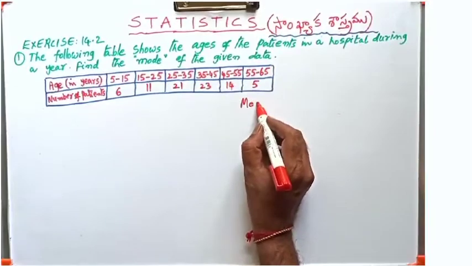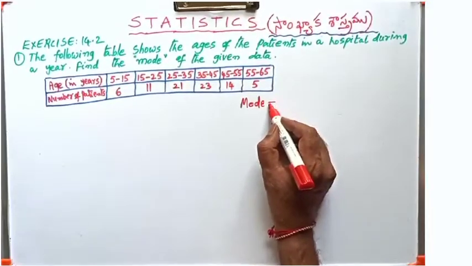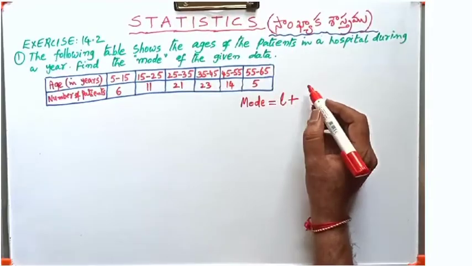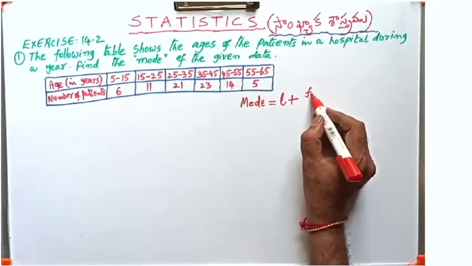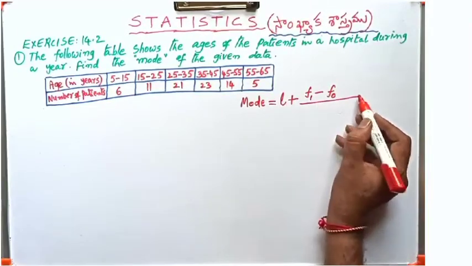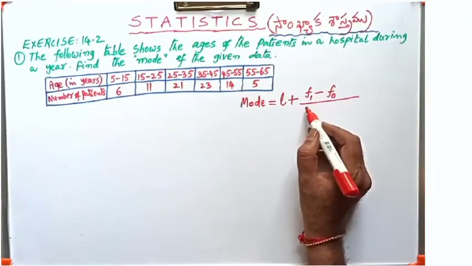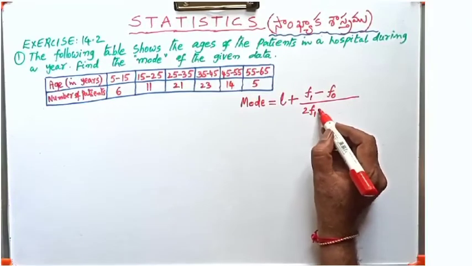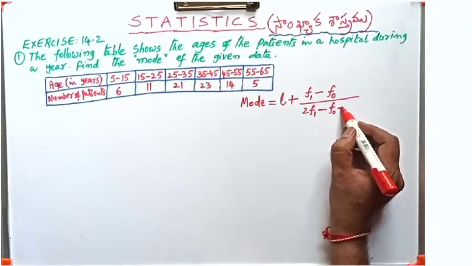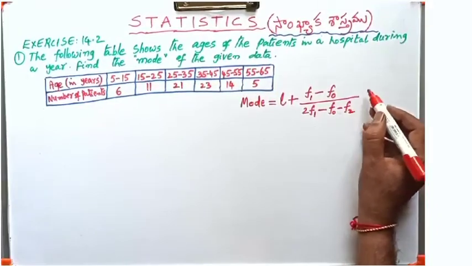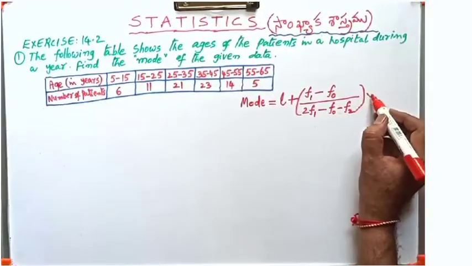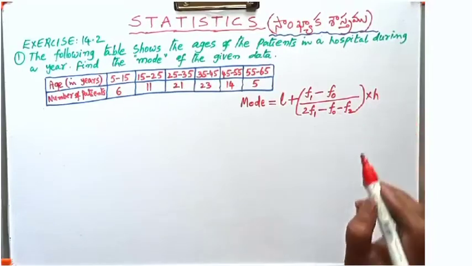So what is the formula of mode? Mode is equal to L plus (F1 minus F0) by (2F1 minus F0 minus F2), into H. This is the formula.